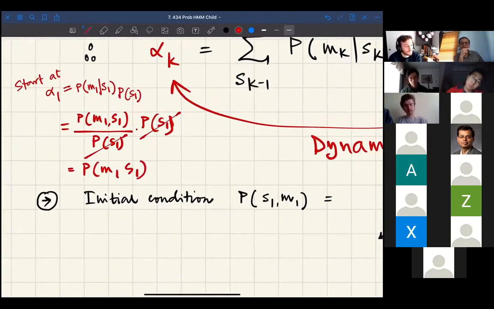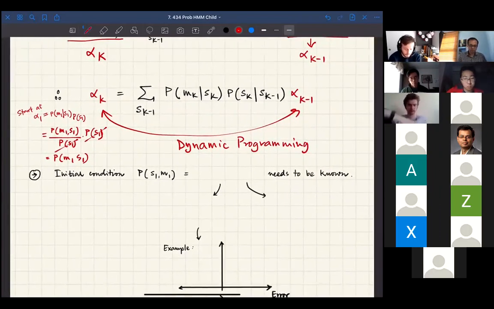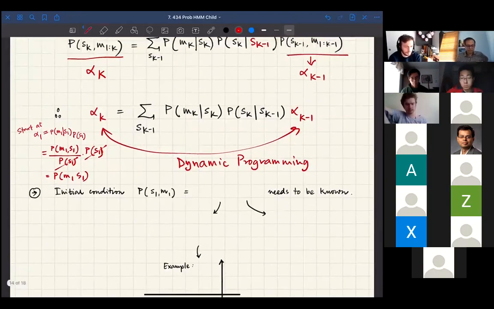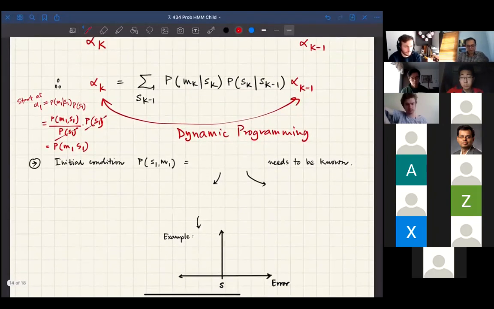Make sense? So I now need to compute the initial condition, P of S1, M1. So this is simply P of M1 given S1 times P of S1. This needs to be known.